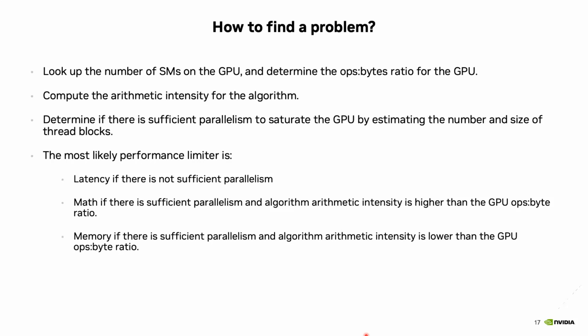If things are not going well, then we should check if latency is the barrier. It means I don't have sufficient parallelization, so I'm not using GEMMs efficiently, for example. I need to redesign my algorithm. We can see that I'm math limited if my arithmetic intensity is higher, and then finally the memory limited factor we also have talked about.